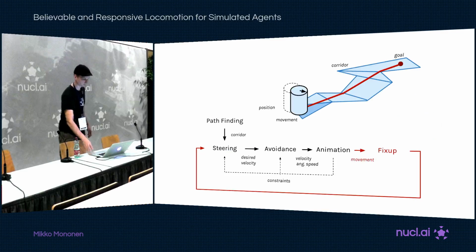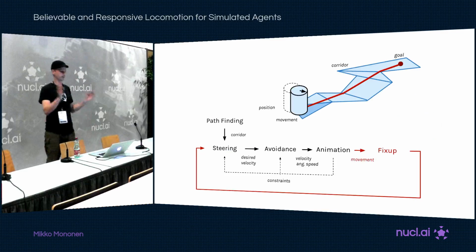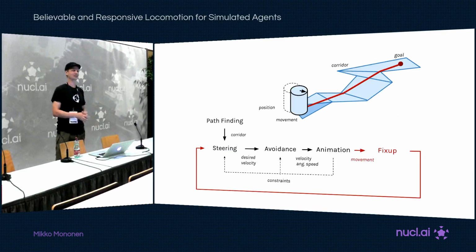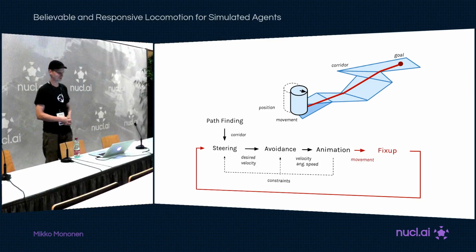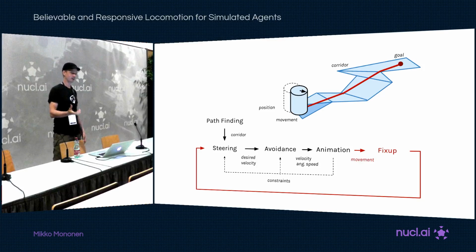And now we're just going to skip the animation step, and we're just making robot characters, RD2Ds, moving in the world. The final fix-up step in the navigation loop makes sure that once we figure out the movement delta for this frame, after that we will fix up the path corridor, which means that we can have quite a bit of slack in the steering, avoidance, and animation.